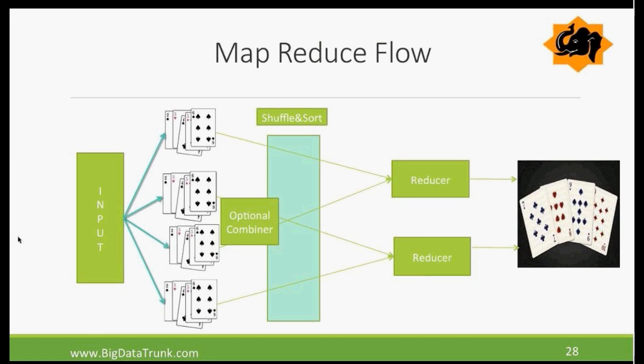Together, here is the MapReduce flow. We had input data, a pile of 50 different card decks, and we did the mapping. The individual friends did the mapping for that. And in the second round, there was an optional combiner which they used.